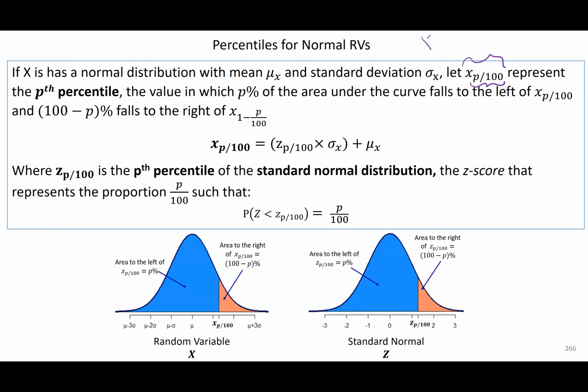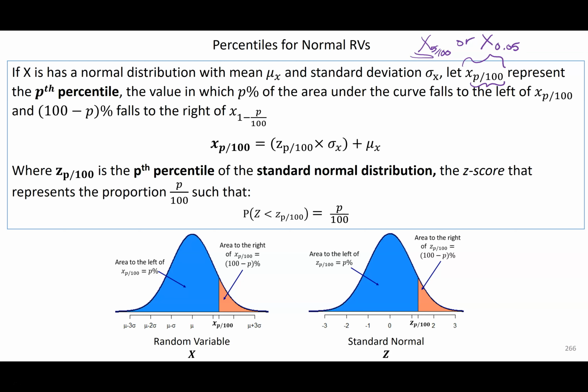What that means is x, 5 over 100 is the 5th percentile. You could also write x 0.05 is the 5th percentile. The idea is it's the value that 5% of the others fall below.